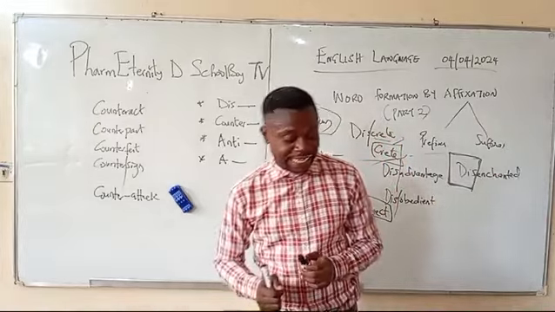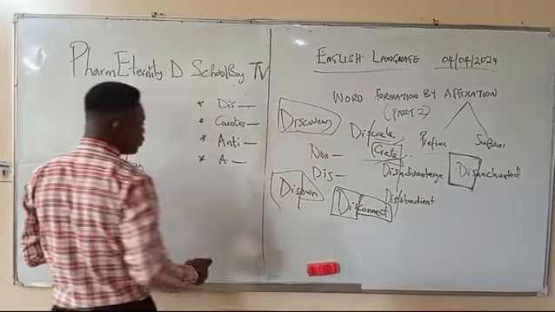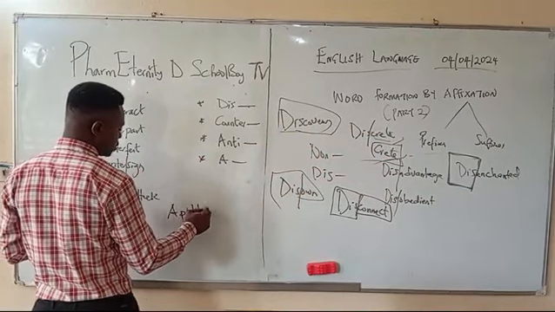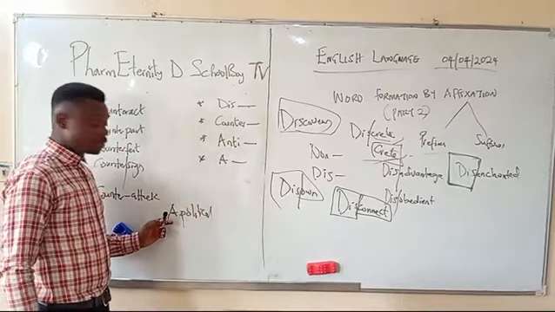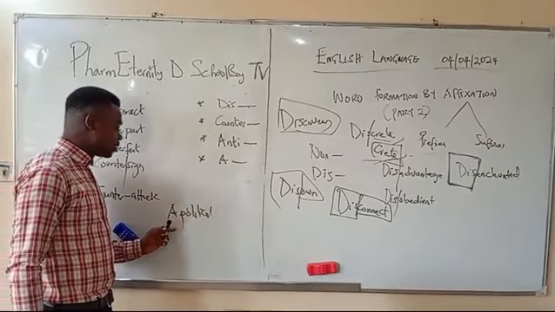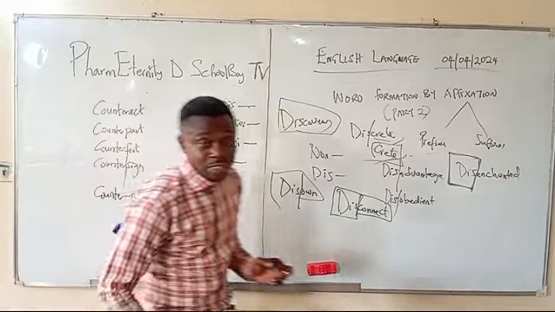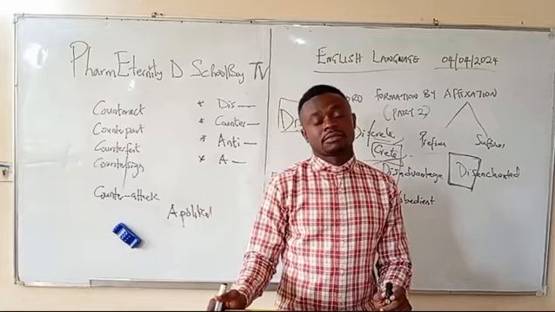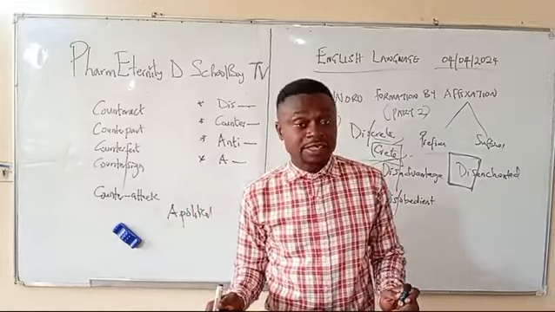We see words like apolitical. Remember I said that a can mean not. So if someone, an activity, or an event is apolitical, it can mean that it's not political, depending on how it's used and how the sentence is framed.